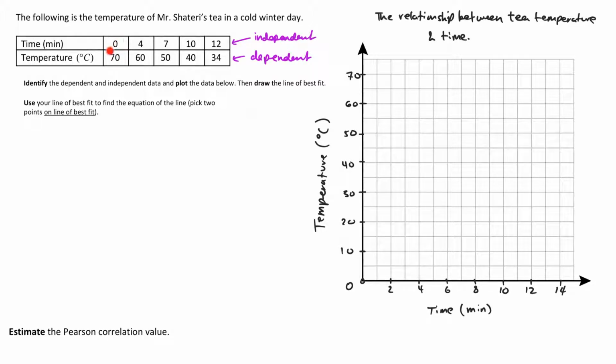So when time is 0, the temperature is 70 degrees. So at time 0, we have to go up to 70 and put a little dot over there. And when time is 4, the temperature is 60, so I will go up to 60 and put a dot right there.